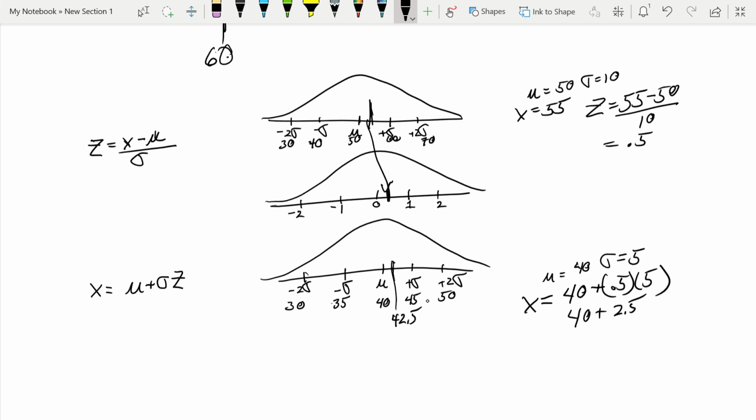This is the way that SAT scores are done. They have SAT scores in testing centers all over the country. They do it on the computer. Every group that takes the test has a different mean and standard deviation. To make them nationwide, they take all of them, standardize it, and then convert it back to the mean and standard deviation they want.